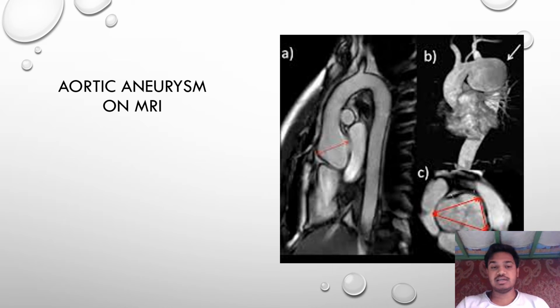This is a different angle of the aortic aneurysm on MRI, ma'am. Here in the aorta there is bulging or enlargement. Here we can see on MRI, ma'am, there is a bulge. Here we can see the bulging process in different photos, ma'am, A, B, and C.